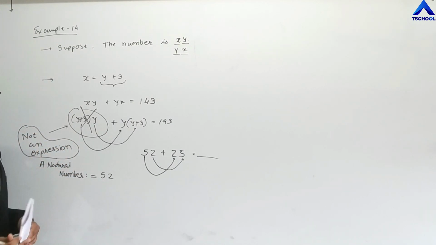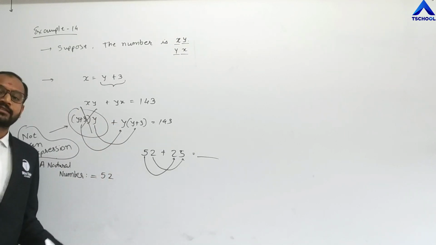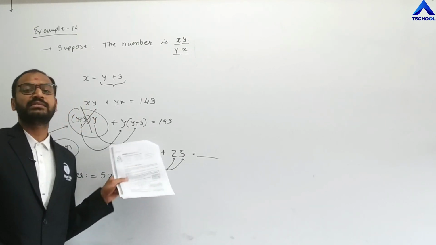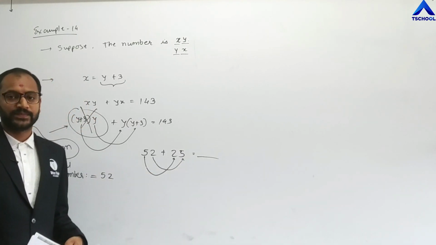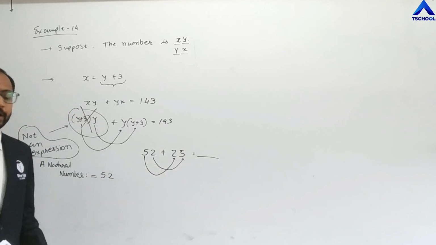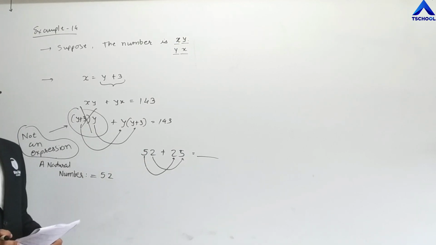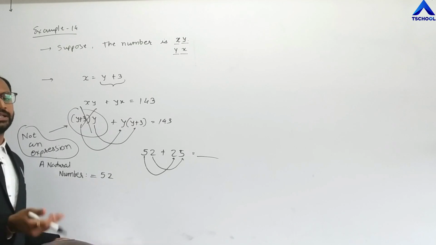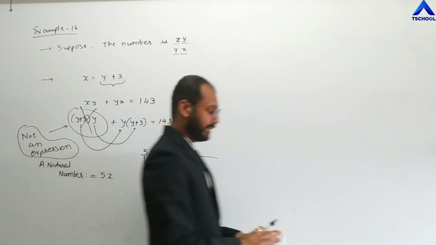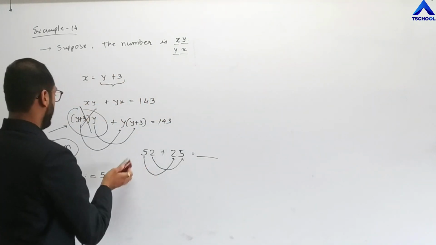So we should convert the given number into its expression form in such a way that we can add it with another number. So let us understand how we can convert a given number into its expression form, so we can add it with any other number. Clear? Now let us consider this.